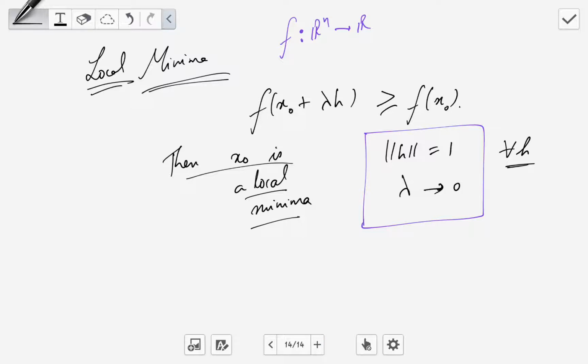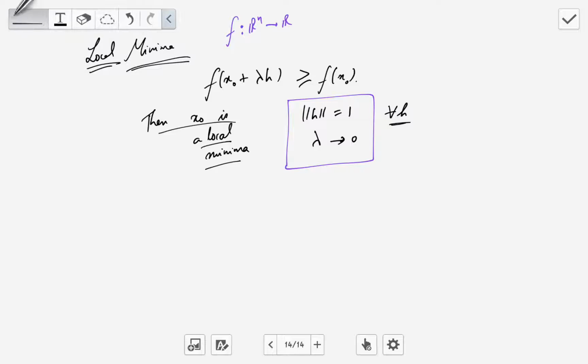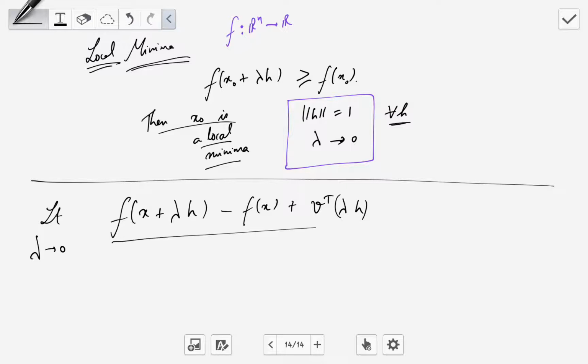Fine. Now, we have this definition of Fréchet derivative, which is limit norm h tends to 0 of f of x plus lambda h minus f of x minus v transpose lambda h, divided by lambda, because norm h is 1, which is actually norm of lambda h, but norm h is 1, so this will effectively reduce to lambda.